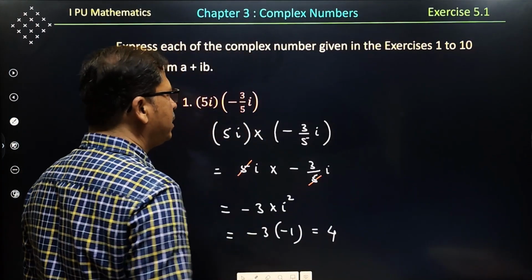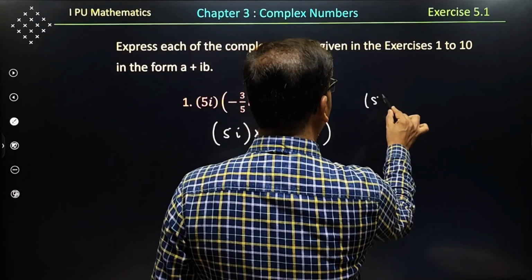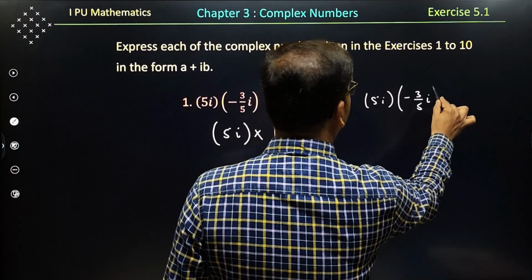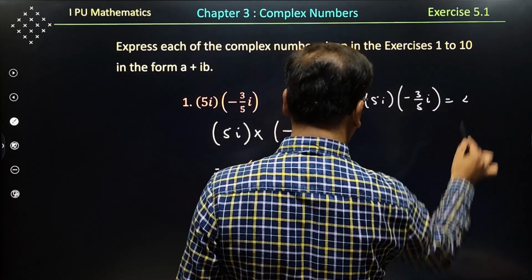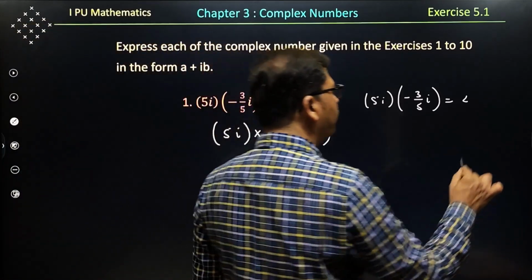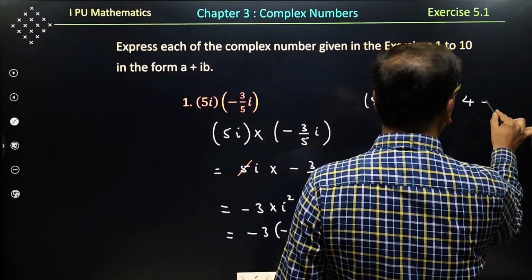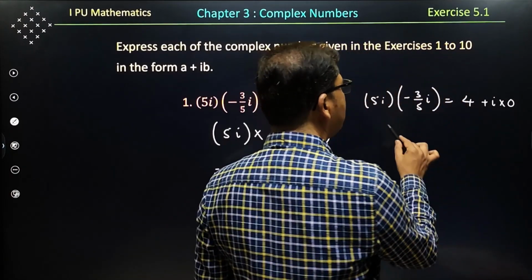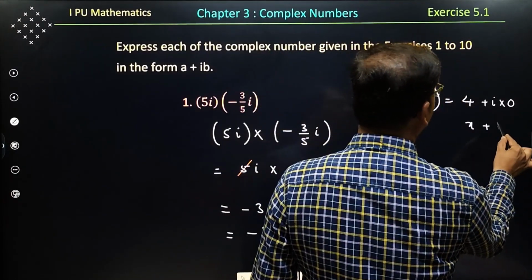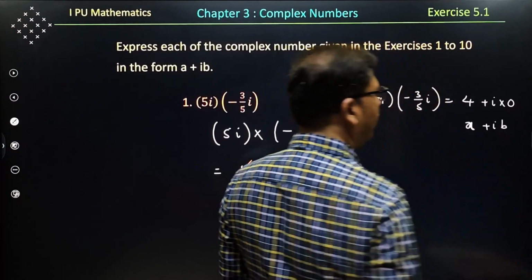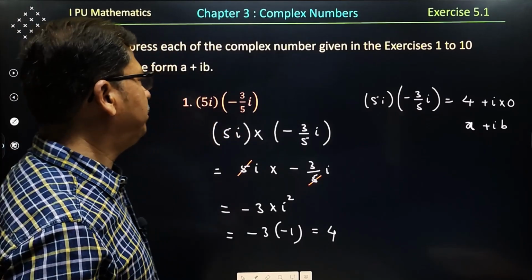So your answer is, that is 5i into bracket minus 3 divided by 5i, this is equal to 3 you have got. That 3, if you want to write it in the form x plus iy, 3 plus i into 0 you can write here. So we have expressed the given combination in the form a plus ib.